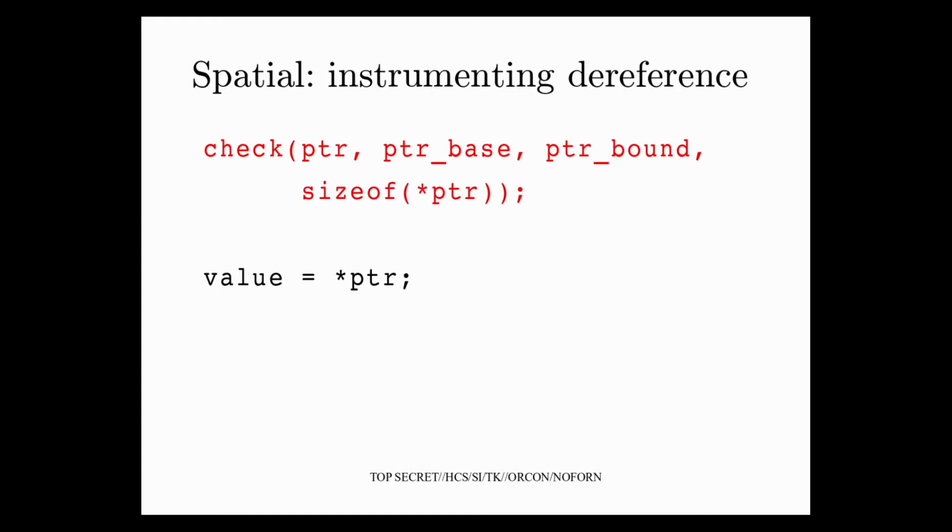All it does is go through the intermediate representation of your code, and for every pointer access, it inserts a check of whether the base and the bound are in the right range. It involves the size of the access type, because it might be the case that your pointer is just pointing to the end of the structure, but still inside.